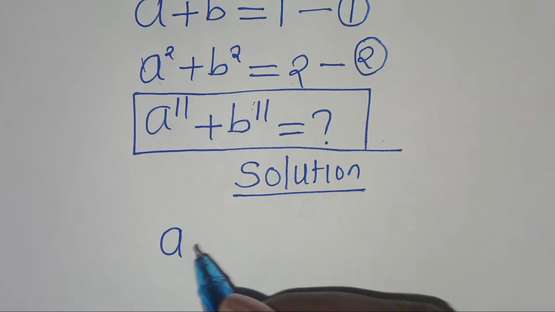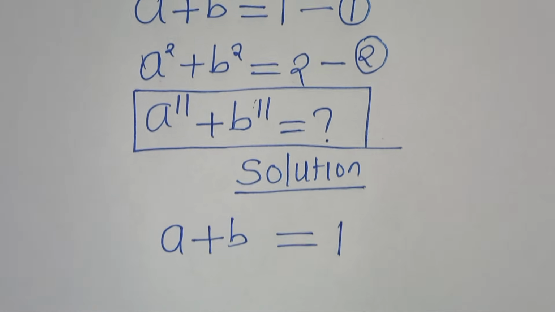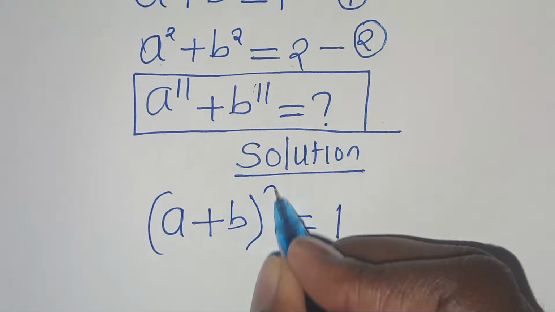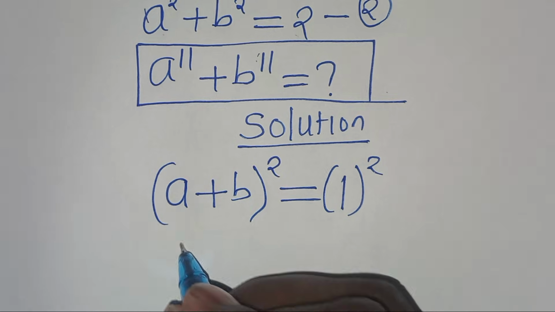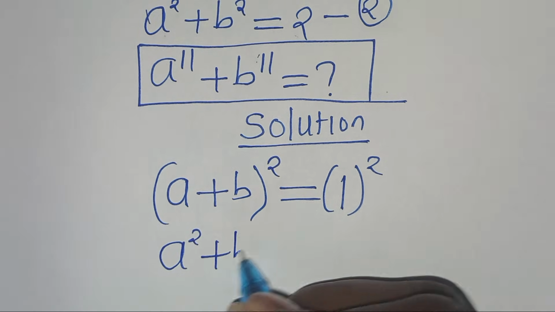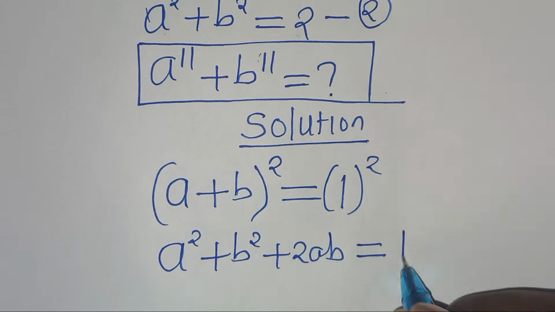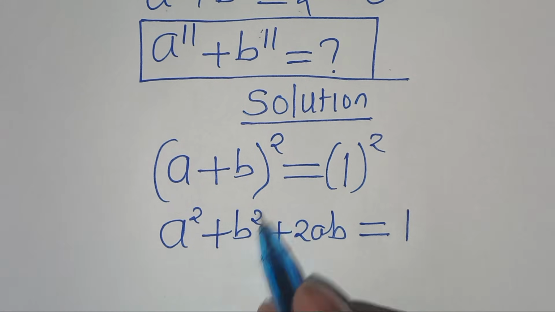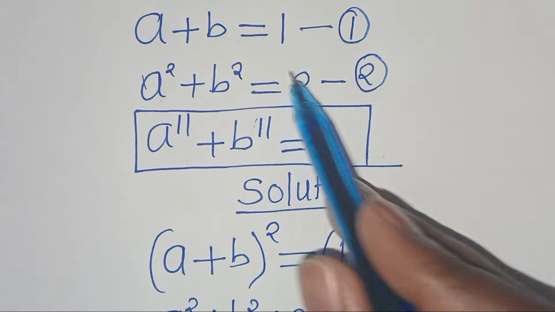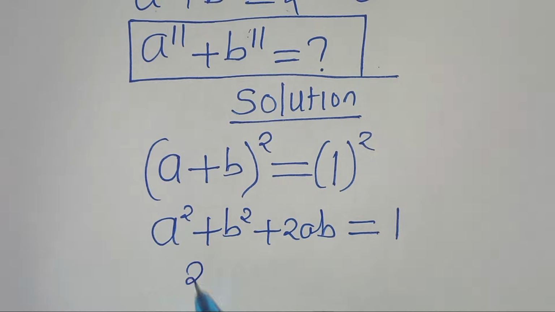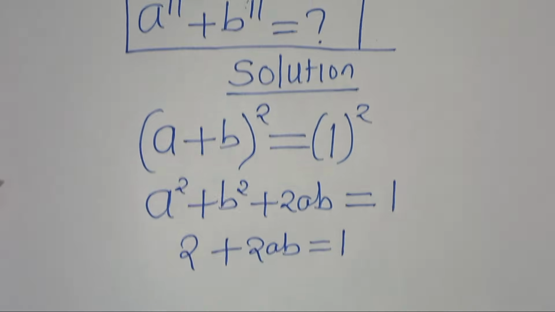Now from equation 1, a + b = 1. We can start by squaring both sides, so that (a + b)² = a² + b² + 2ab = 1. a² + b² is what we have in equation 2, and this is equal to 2. So let's substitute 2 here. So this is 2 + 2ab = 1.